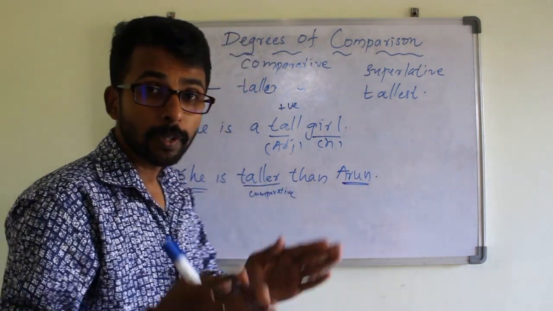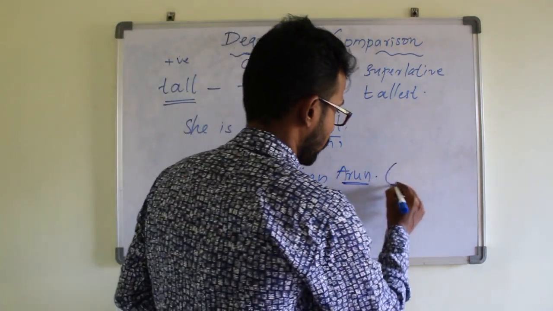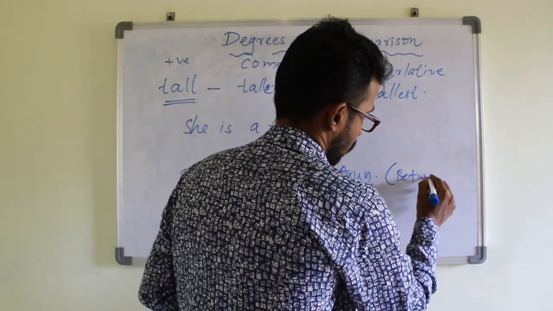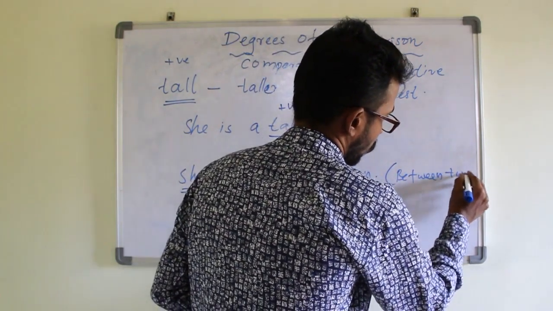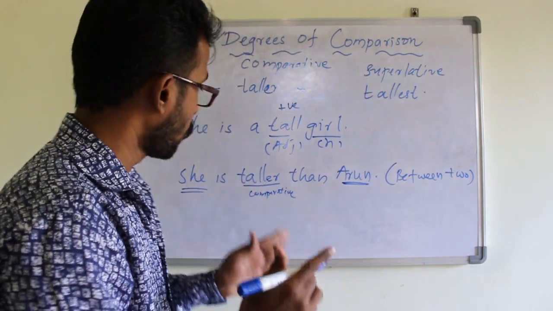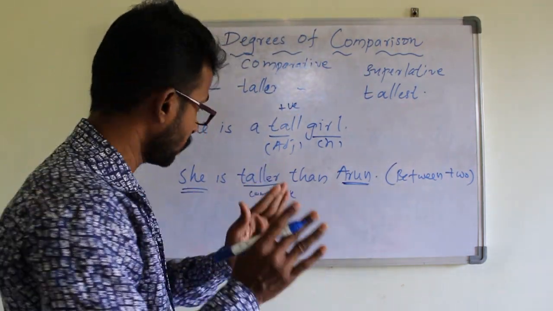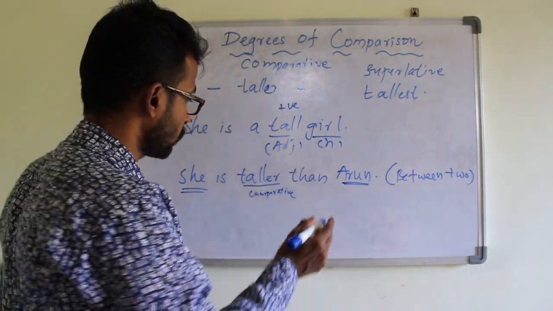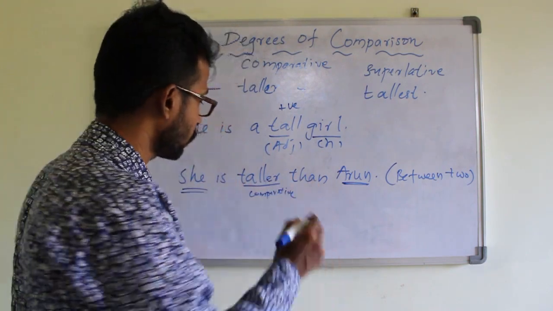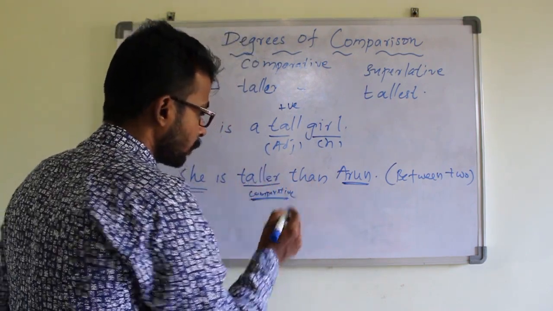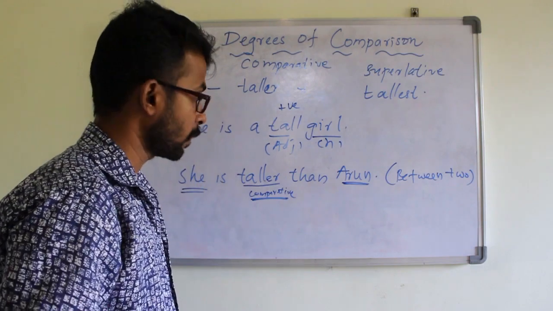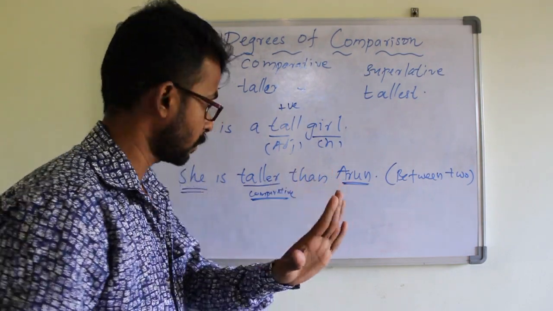Okay, two nouns. So when we are making a comparison between two nouns, we will use the comparative form of the adjective. Minimum two nouns should be compared, right?